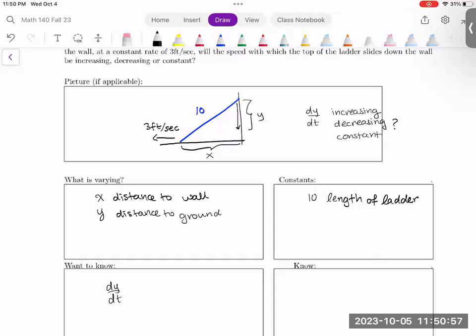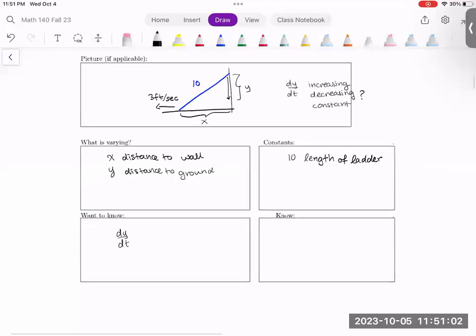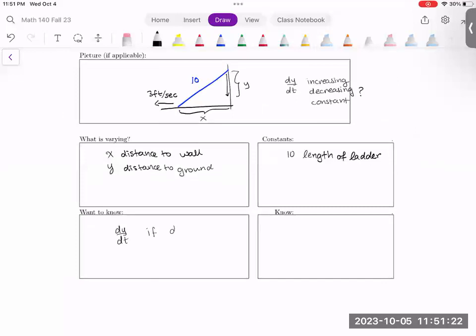Let's think about some of the things that we know. What I'd like us to try and do is come up with a relationship between the variables that we see. We're interested in finding dy dt overall, if dx dt is equal to 3 feet per second, always.